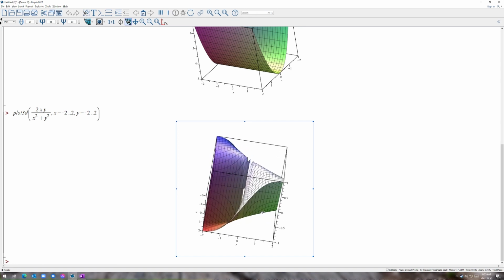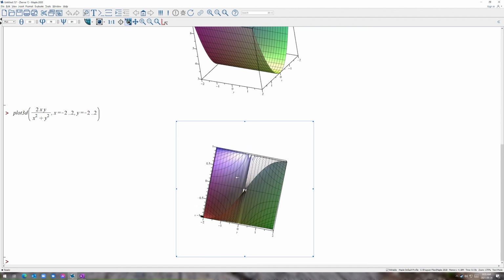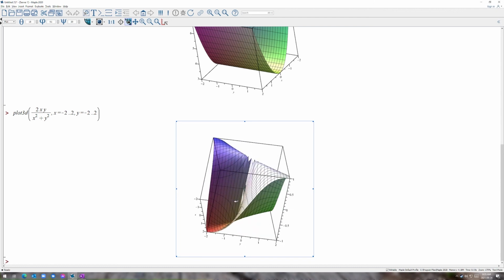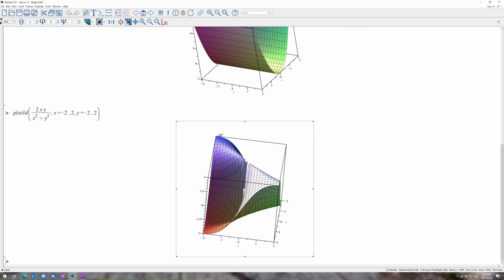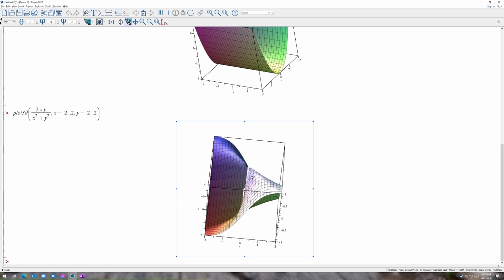But if you're coming in from a diagonal, down at the bottom of this trough here, if you're staying along the bottom, it looks like you're going to end up hitting maybe a z value of -1. Or if you're heading along this diagonal across the ridge, it looks like you're going to approach a z value of +1. And taking a look at all of these different approach paths, you can see that they don't all agree.